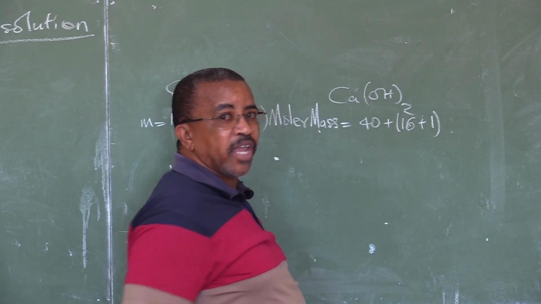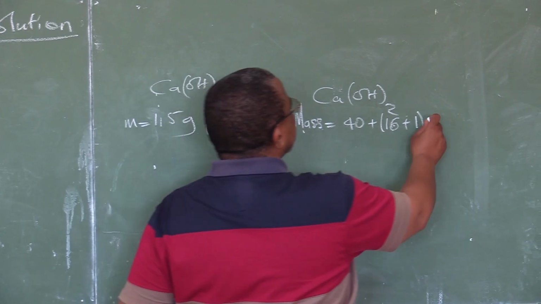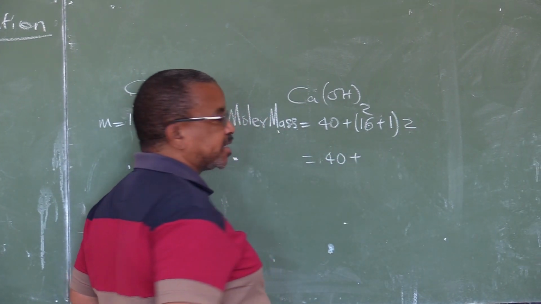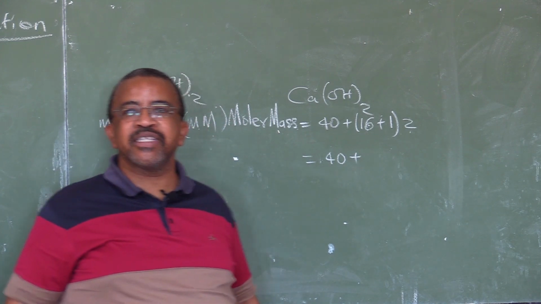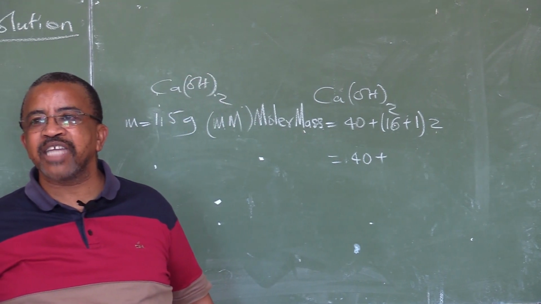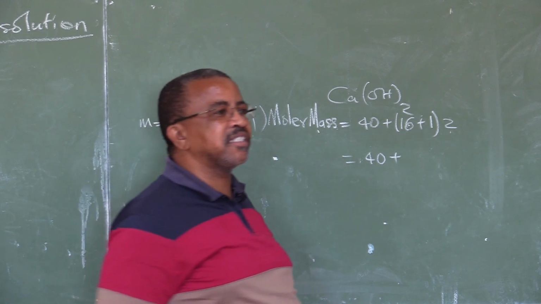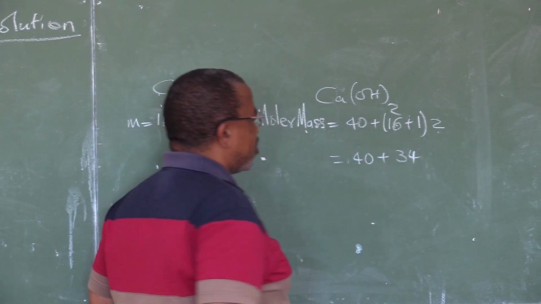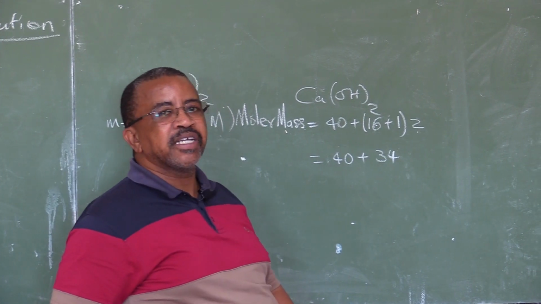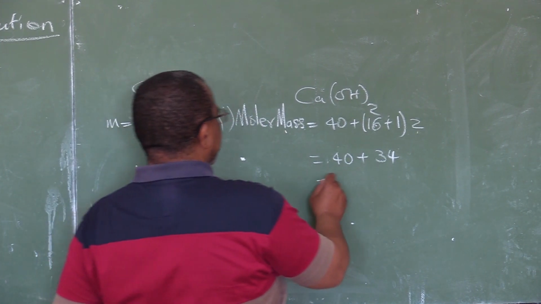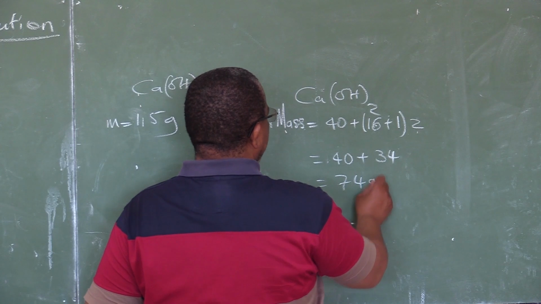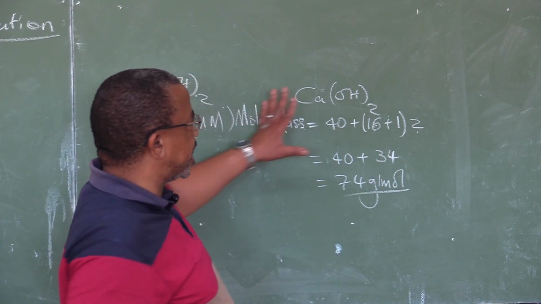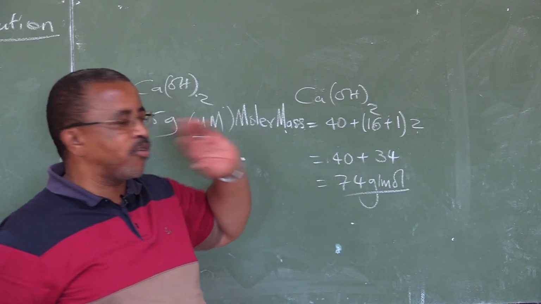All of this is OH, so you say times 2. So we have 40 plus 16 plus 1, it's 17. 17 times 2 is 34. So we have 34 plus 40, which gives us 74 grams per mole. So the molecular mass here is expressed as 74 grams per mole.